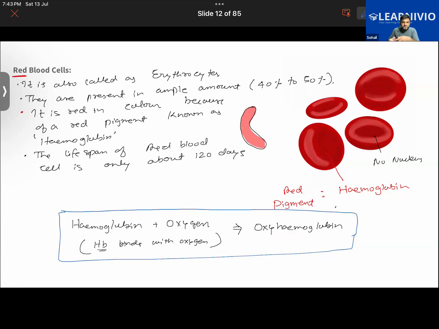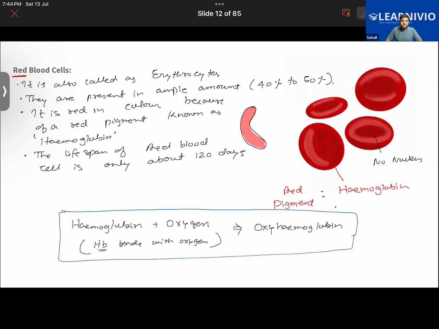Now this oxyhemoglobin goes to each and every cell inside our body wherever it is required. This is how oxygen is transported to different parts of our body. Is this clear to everyone? Did you understand oxyhemoglobin? Yes, sir. Okay, hope that is clear.